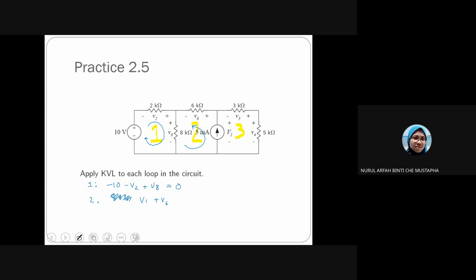Can you highlight? Okay, I have plus basic. Finish all three elements. Plus what? What plus 8? 8 is a resistor. Yeah. So plus V8. Okay. What? 0. Yeah. Very good.